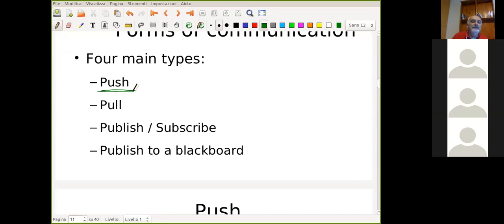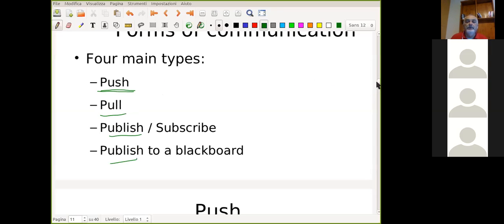There are types of communication, so who initiates the communication can be of four types. Push and pull are in general two philosophies.